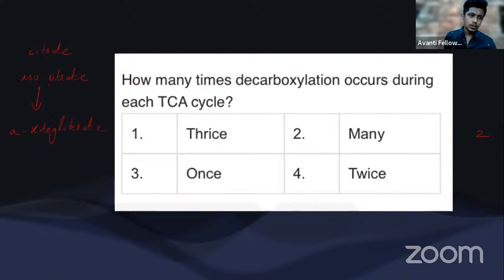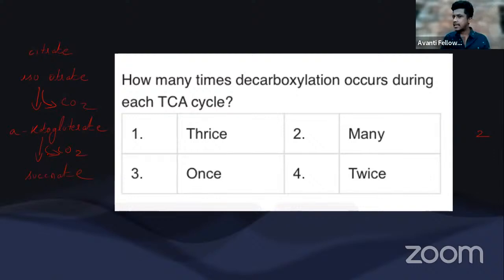During this process, a decarboxylation takes place where one carbon dioxide molecule is removed. The other process is when alpha ketoglutarate is converted into succinyl-CoA, or let's say succinate. Again, here one more carbon dioxide is released. Apart from these 2 points, you don't find anywhere else where carbon dioxide is removed in the TCA cycle.